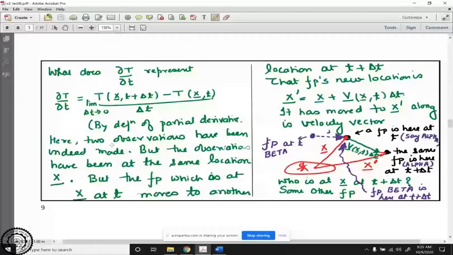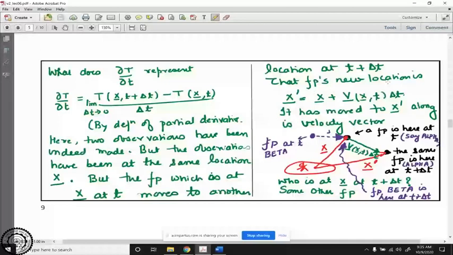But then think about this, visualize the flow field. The fluid particle which is at x at time t, is it going to remain at the same location at t plus delta t? No, it will not, because it is a flow, right? Every fluid particle is moving. So the fluid particle which is at x at t moves to another location at t plus delta t.